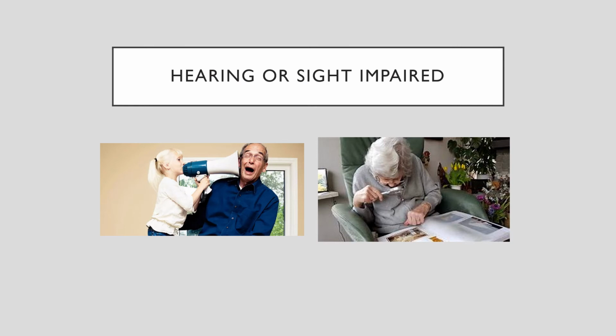All right, I spoke about our hearing or sight impaired, right? We want to make sure that we give them the dignity and the respect that they need to keep their devices as long as possible and take the precautions so that we can communicate with them and meet them where they're at.